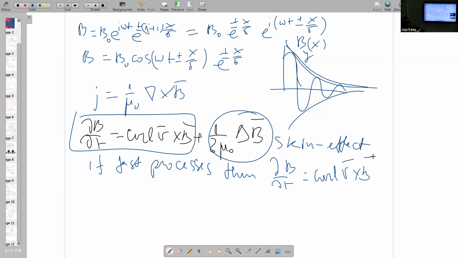So if the resistivity is small, we can neglect it. If we have a perfect conductor, we neglect the skin effect. Fast processes, and rho equal to 1 divided by sigma is small. If we have a good conductor, we can neglect this term over there, and then we have this first term over here.